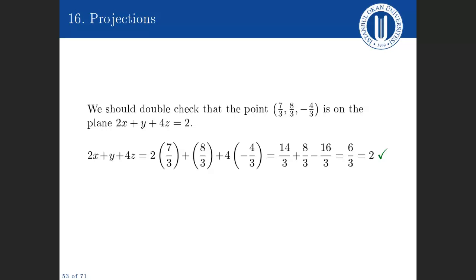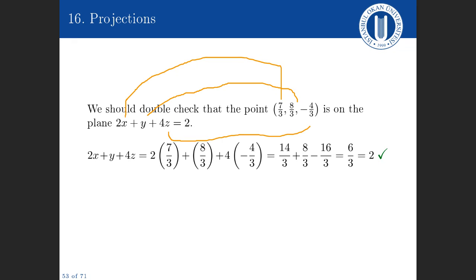I want to check that the point 7 over 3, 8 over 3, minus 4 over 3 really is on the plane 2x plus y plus 4z is equal to 2. So what I do is I put 7 over 3 instead of x, I put 8 over 3 instead of y, and I put minus 4 over 3 instead of z.